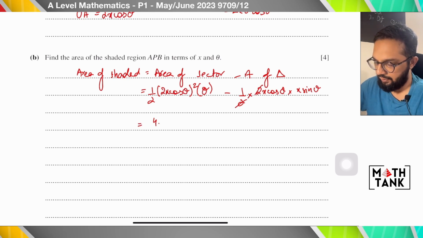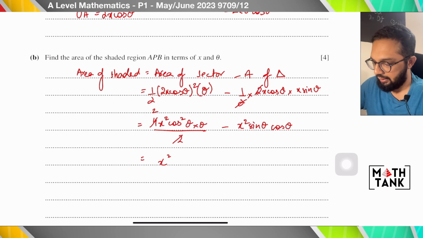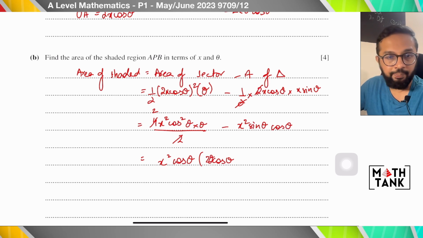I have 4x squared cos squared theta into theta over 2 minus x squared sine theta cos theta. This answer is perfectly fine, but if you want to take a common factor, you can say that x squared is common and cos theta is common, so that leaves me with 2 theta cos theta minus sine theta. Yeah, that is the final answer.